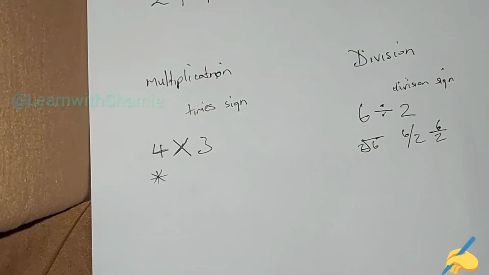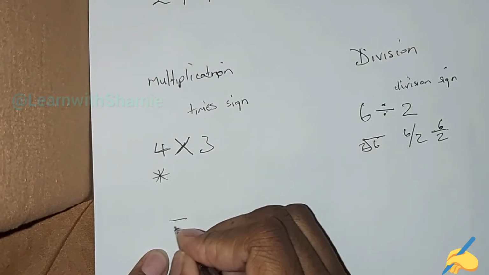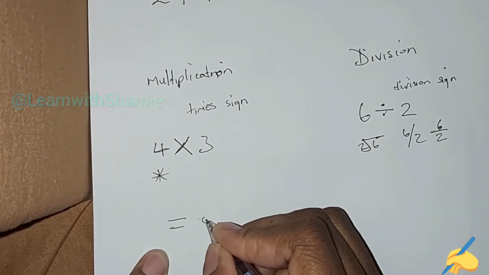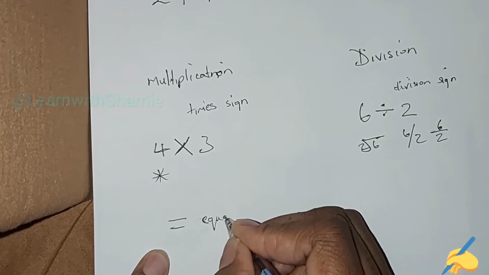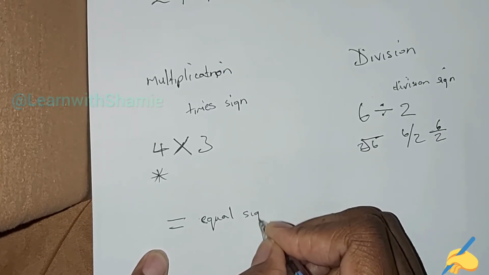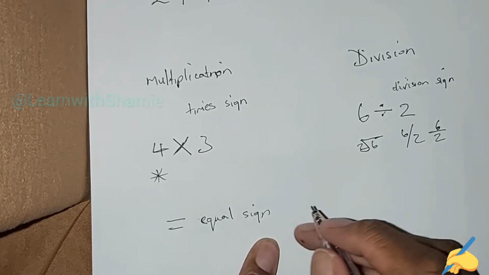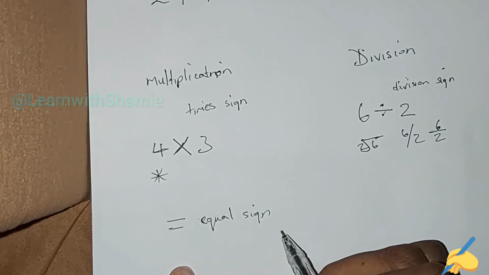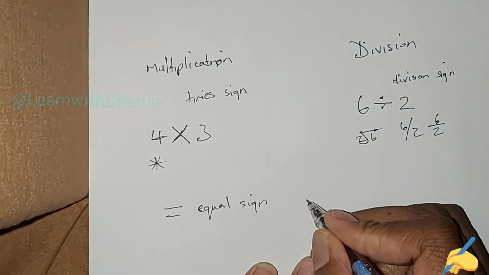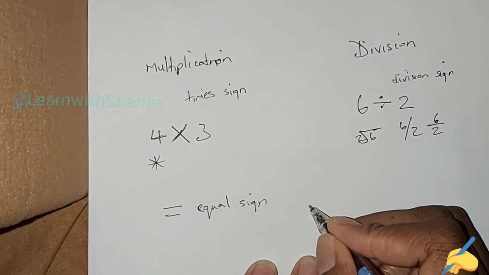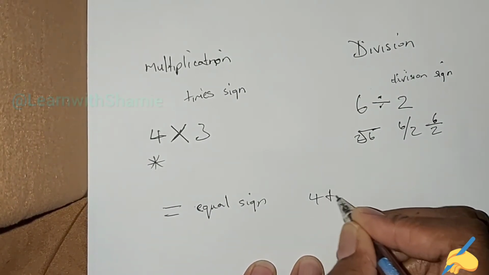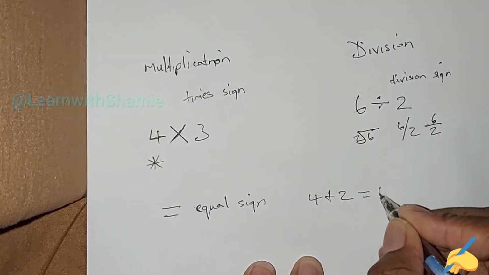There's one other important sign that is used in arithmetic. It is called the equal sign. It tells when two amounts are equal. It is used to show the answer to an operation or set of operations.